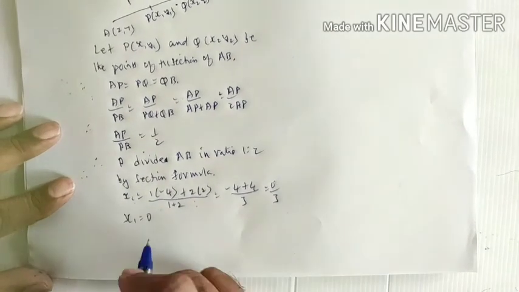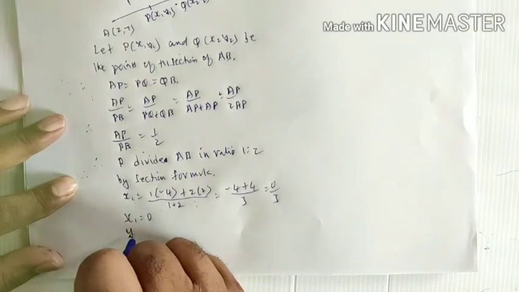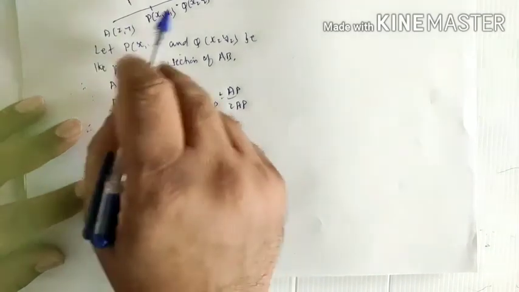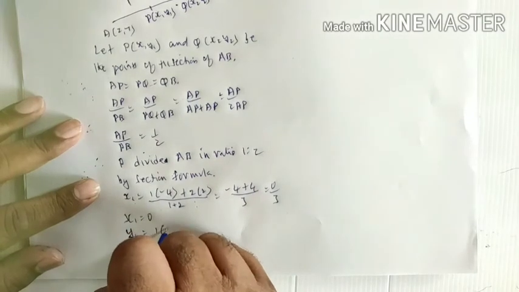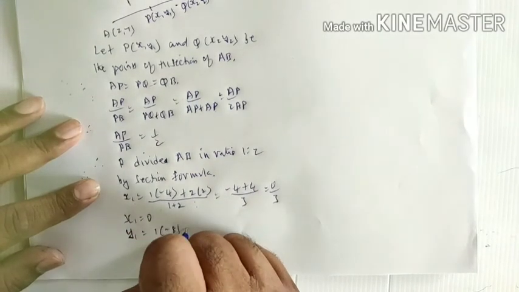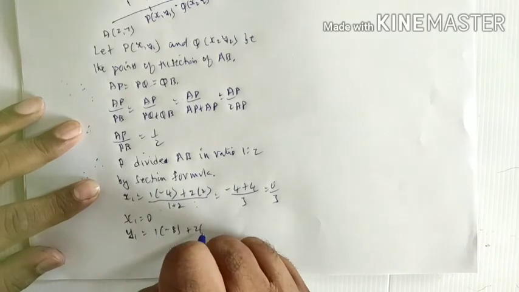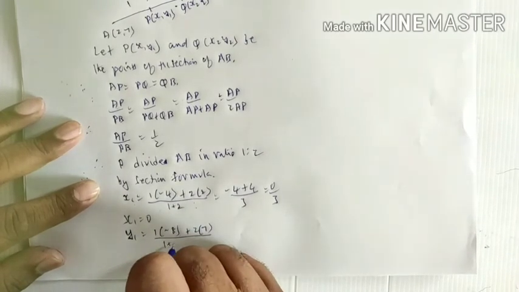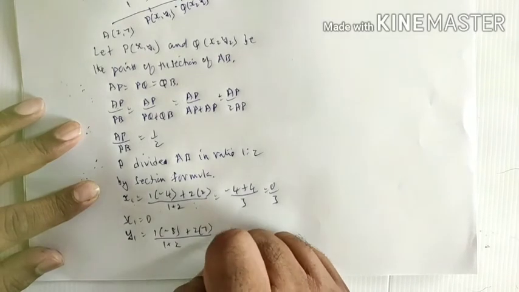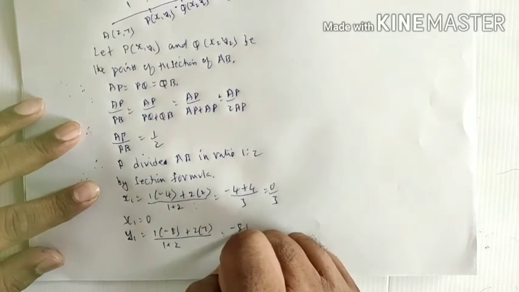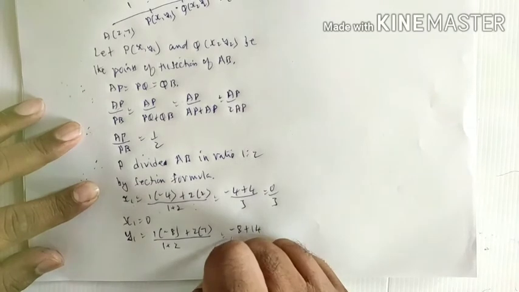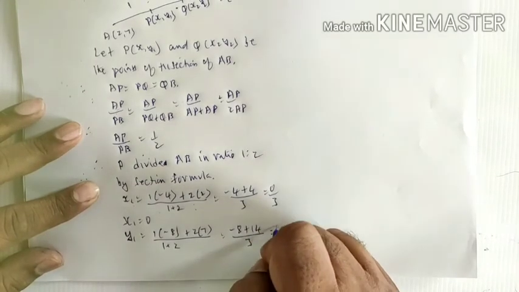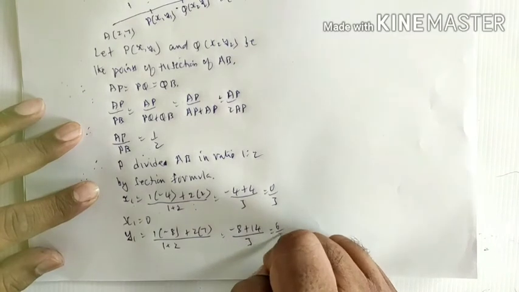Now how to find y1? y1 is equal to 1 into -8 plus 2 into 7 upon 1 plus 2, which is equal to -8 plus 14 upon 3. 14 minus 8 is how much? 6 upon 3.